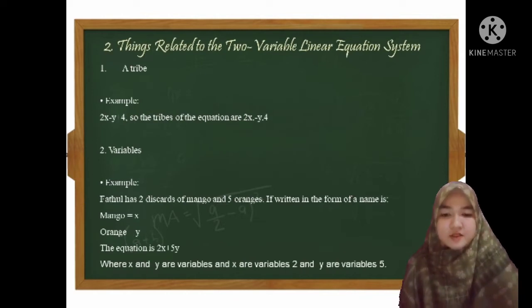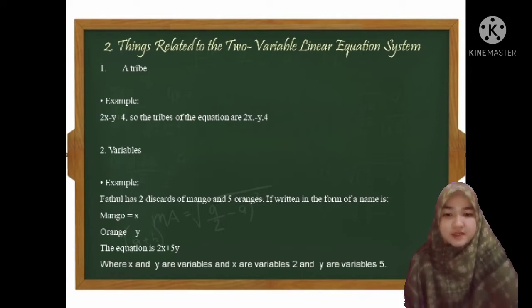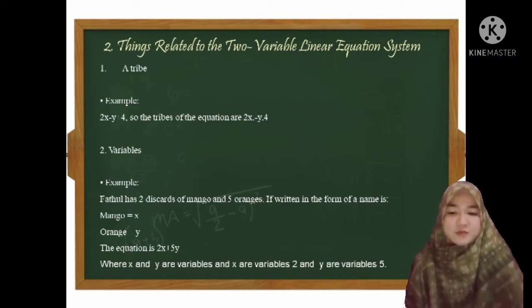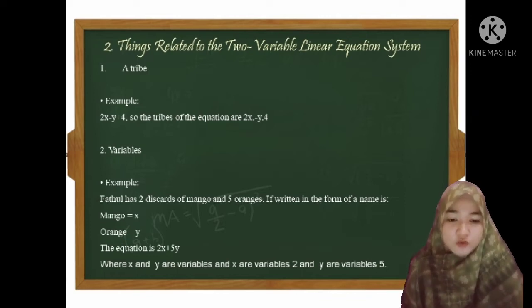2. Things related to the two-variable linear equation system. 1. A term. A term is a part of an algebraic expression consisting of variables, coefficients, and constants.